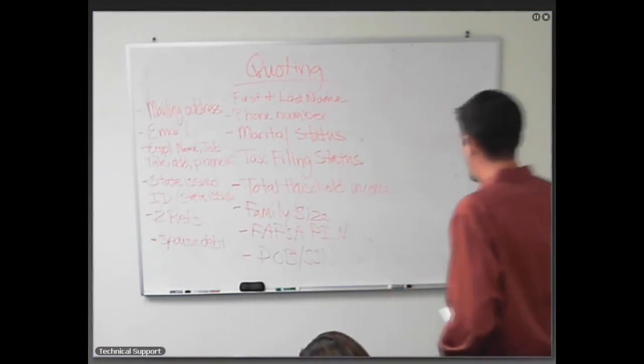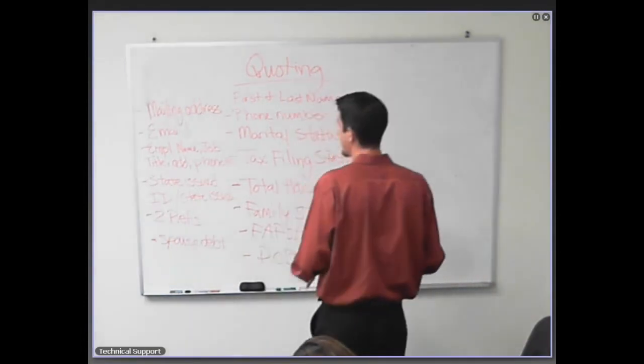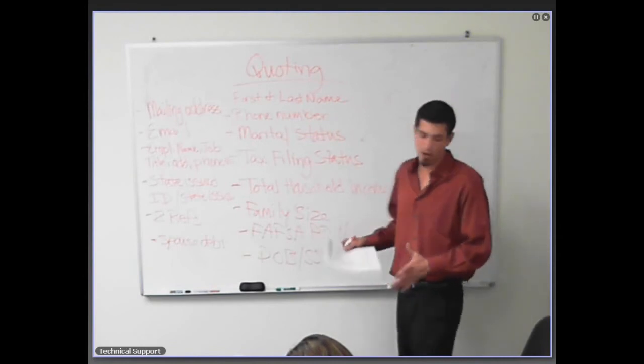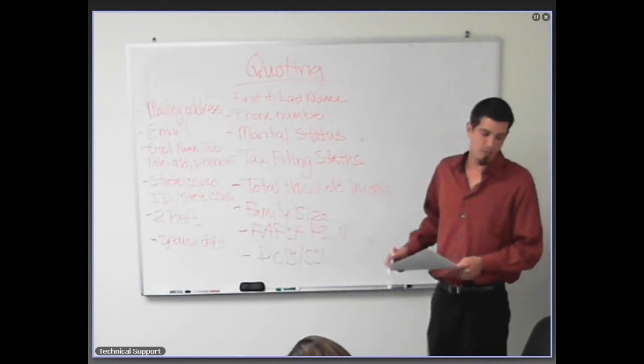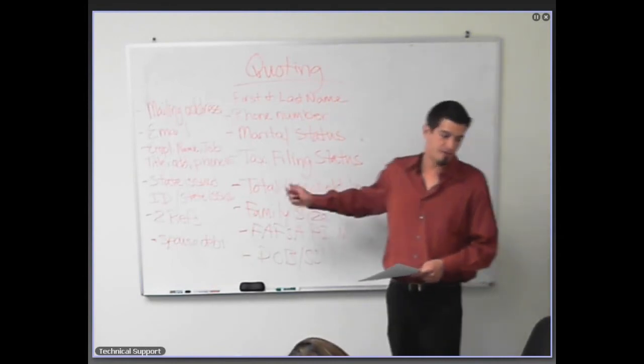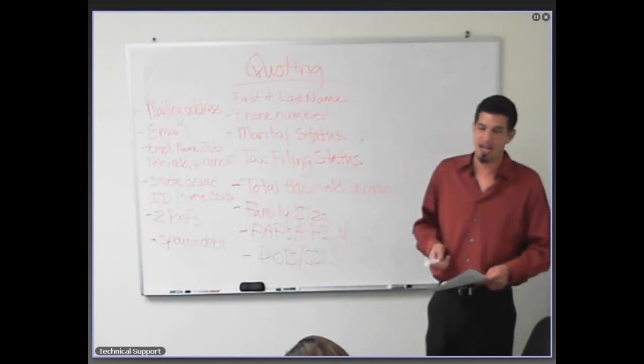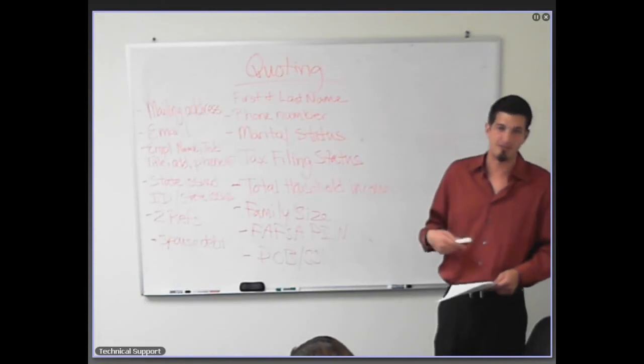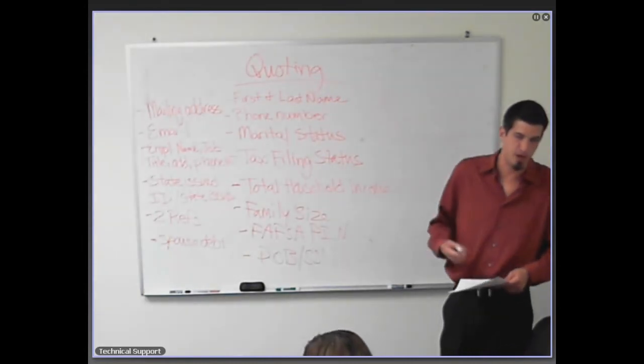Okay. So that's initially what we need for quoting and for a complete file. And again, I want to reiterate to all of you, it's very, very important that you fill out everything in the CRM as thoroughly as you can, just because it's less that we're going to have to go back and collect from the client during the processing period, okay?